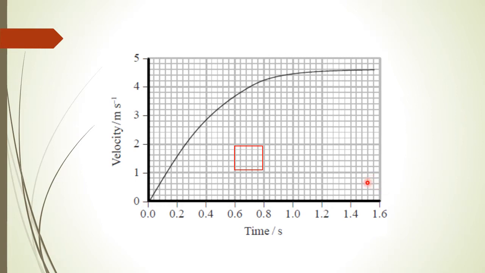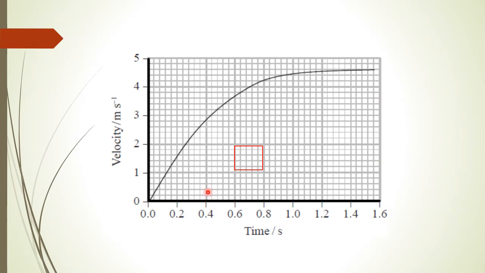You count each box like 1, 2, 3, 4, 5, 6, 7, 8, 9, 10, 11, 12, 13, 14, 15. Like that you count all the boxes. But here that box is not full, so you just take this and here one. So approximately you count the boxes.